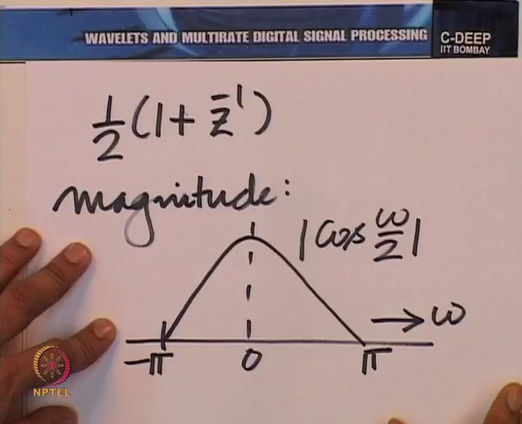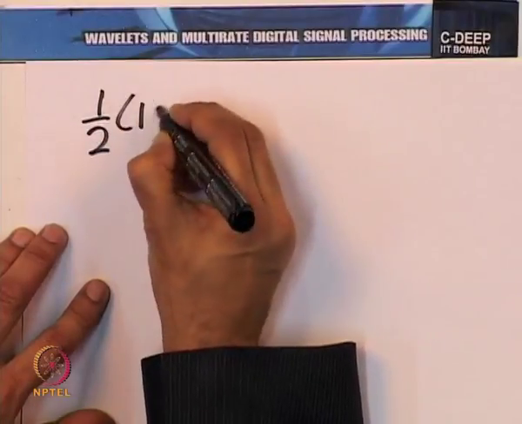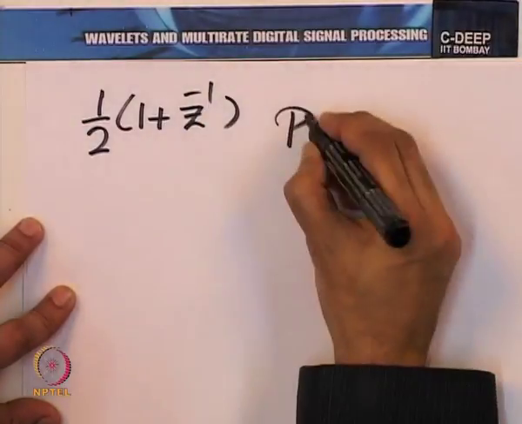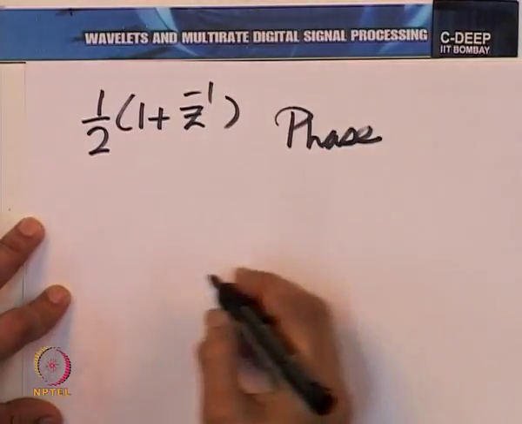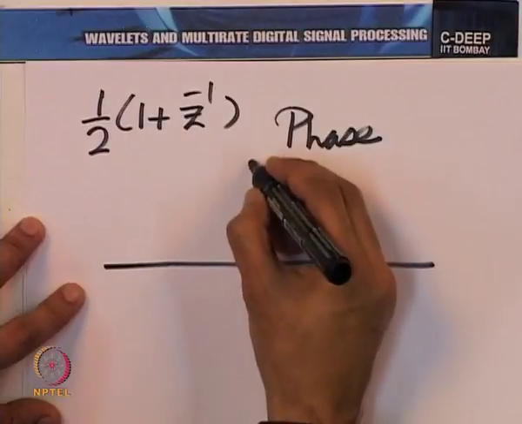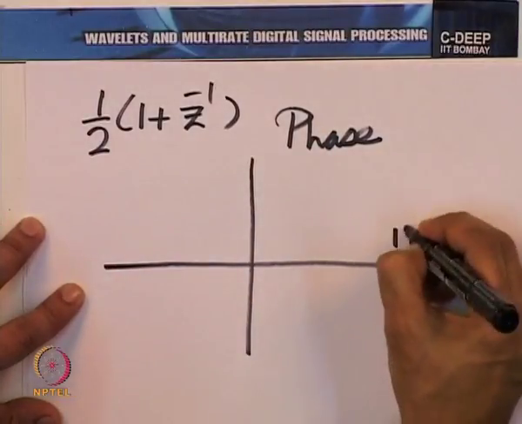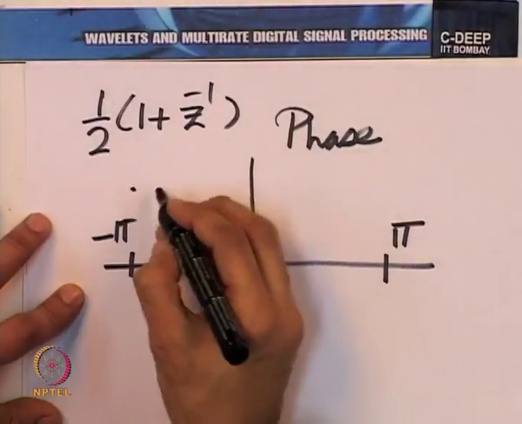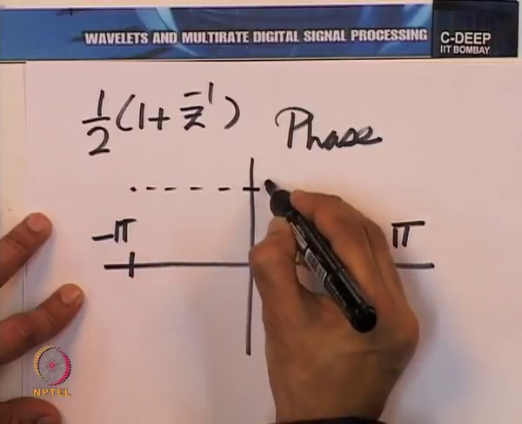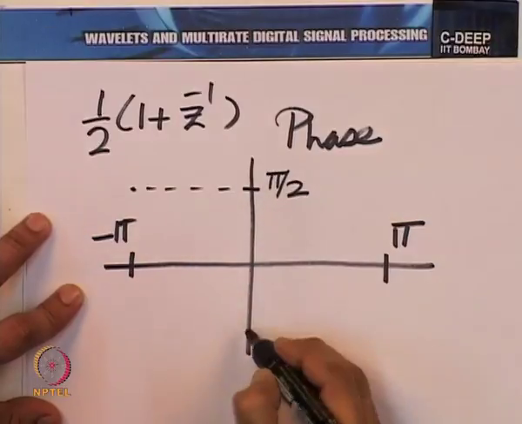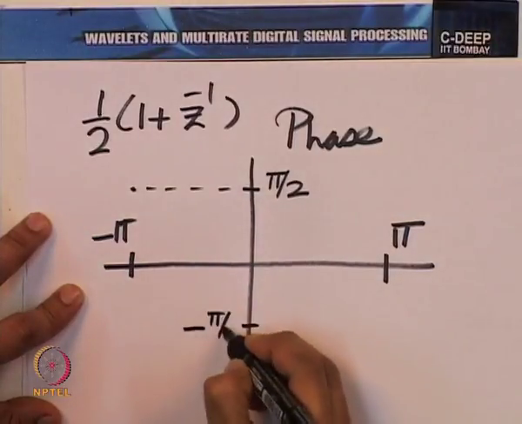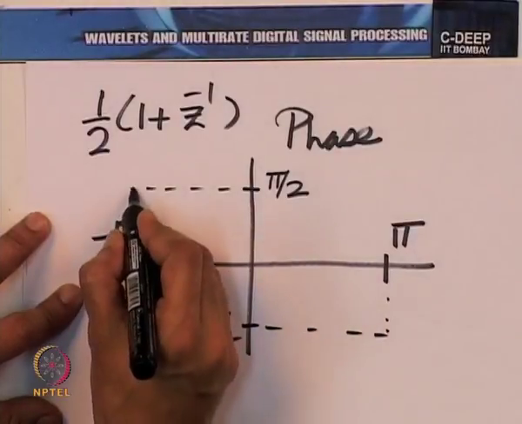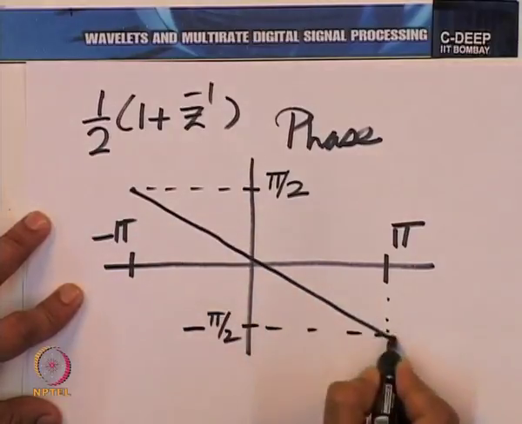And the phase. This starts at plus pi by 2 here and goes up to minus pi by 2 there. Passes through the origin, of course, a straight line.